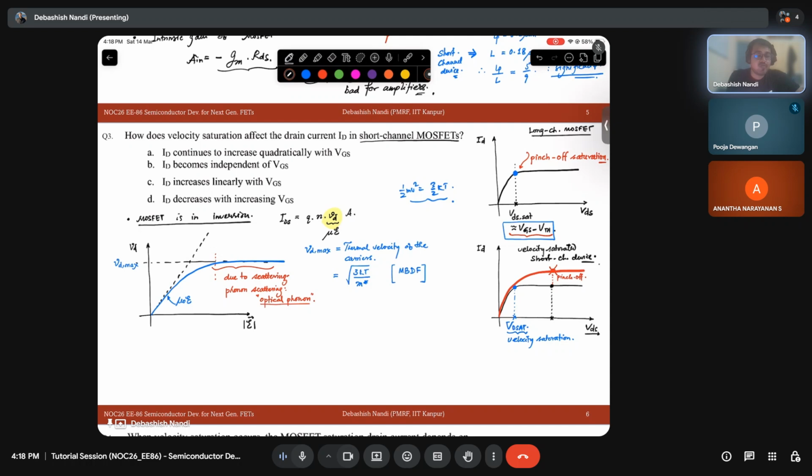By the way, phonons do not follow MBDF or FDDF. They follow something called BEDF, the Bose-Einstein distribution function, just like photons. But these are some different concepts. I don't want to go deep into that, otherwise this will cover the entire session.